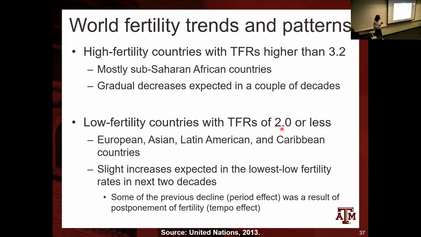When you have that, in the short term, you have a decline in fertility. So you experience a decline in fertility exactly because those young women who you would expect to have children around the same age as their mothers don't have children right away. They wait for some more years and fertility goes down.